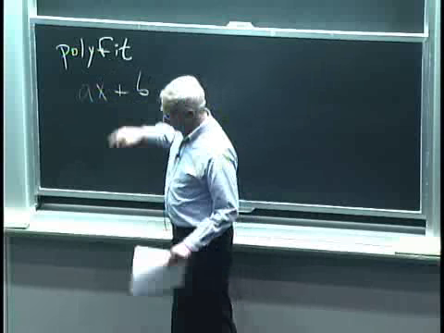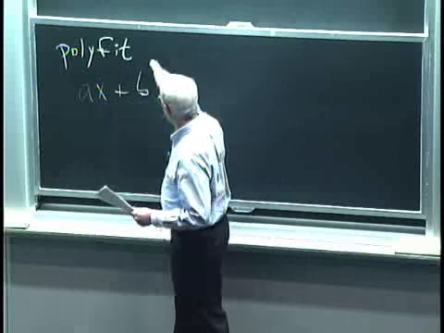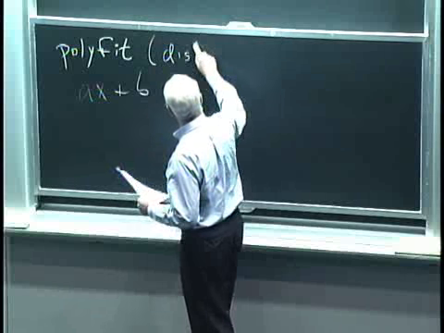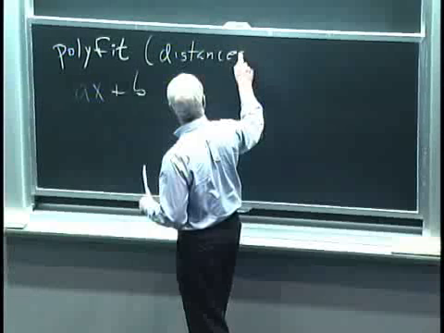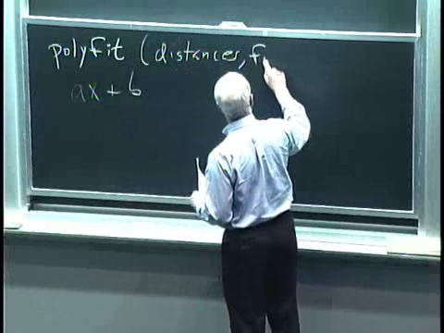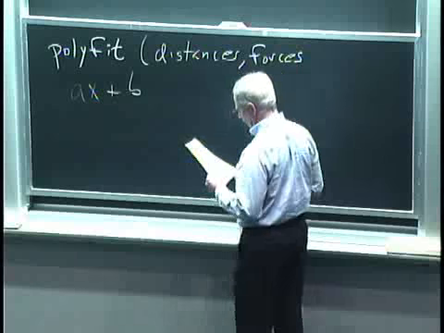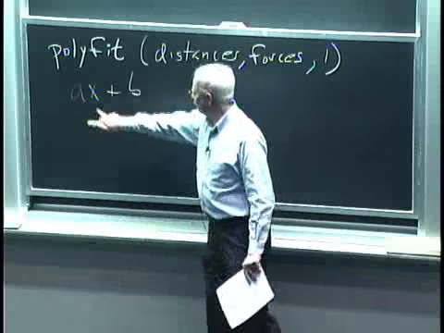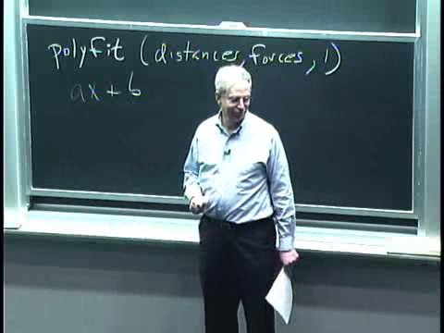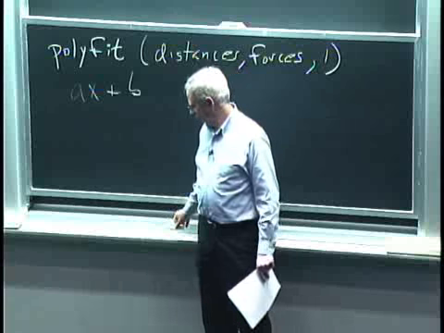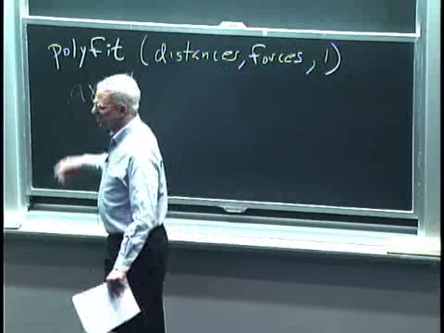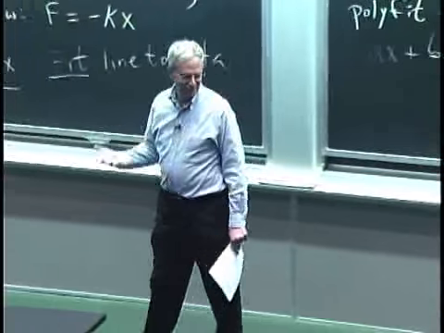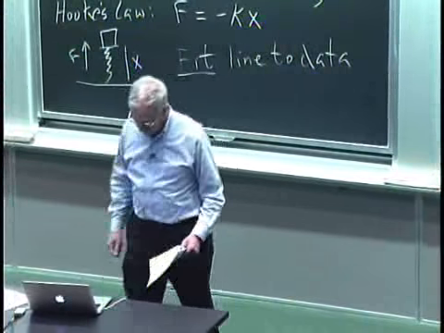And so polyfit, in this case, will take the set of points defined by these two arrays and return me a value for A and a value for B. Now here I've assigned A to K, but don't worry about that.